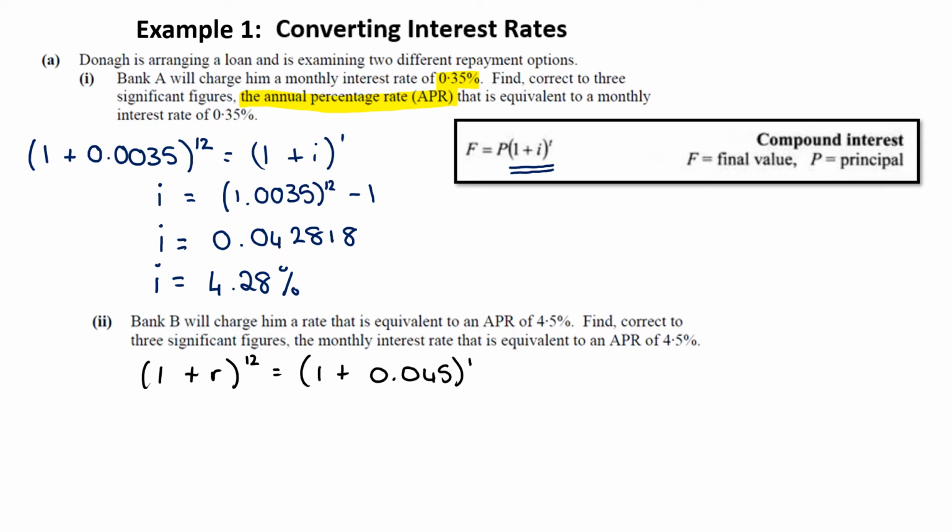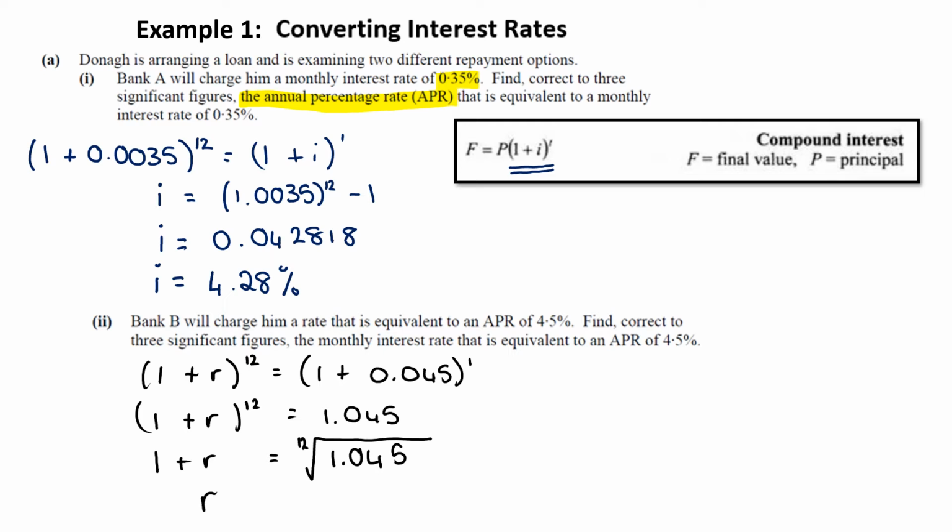So working that through, we get 1 plus r to the power of 12 is equal to 1.045. To work backwards from a power of 12, it is the 12th root. So it's like a square root, but it has a 12 here.